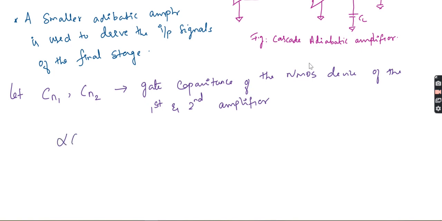Next I'll say alpha Cn2. You can remember that previously we wrote alpha Cn. Here alpha Cn2 is nothing but the input capacitance of the second amplifier.